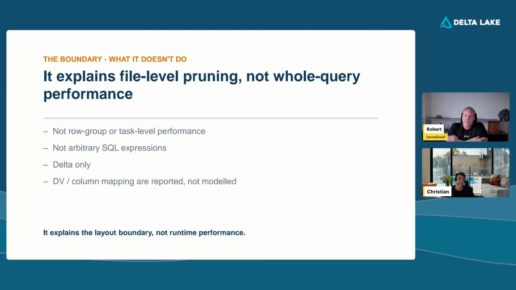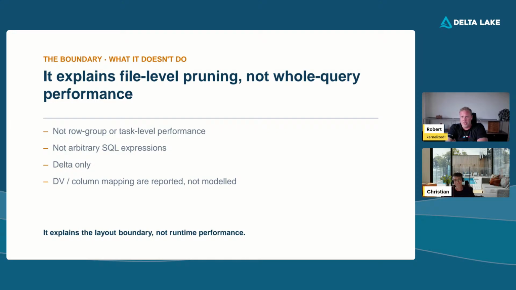So file skipping and rewriting expressions in terms of min-max values is also non-trivial, right? You can't apply the filter age larger than or equal to 40 directly.